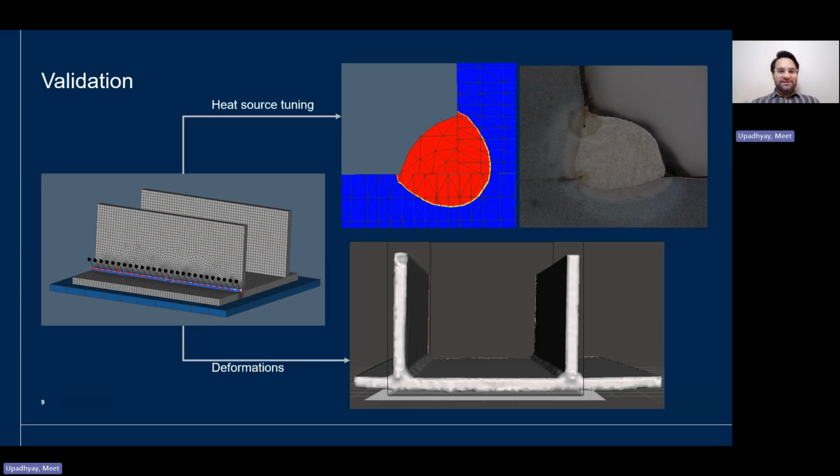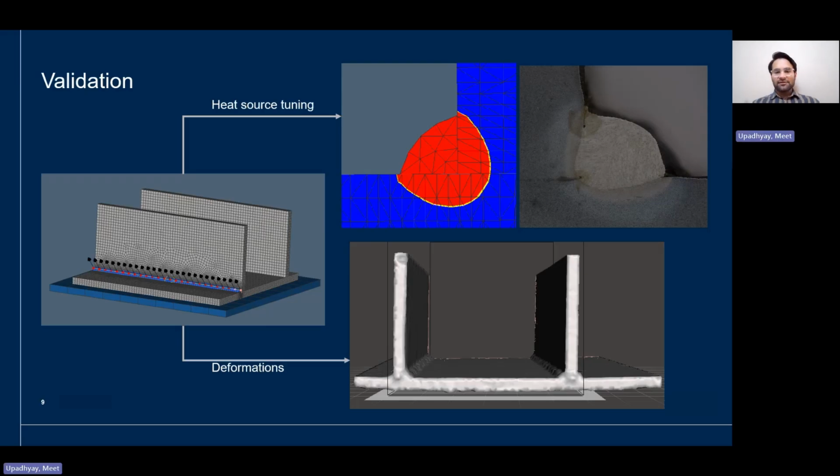And hopefully, once that is done, they've been able to understand that heat source. That should then help them create a model that can predict distortions a little bit better.